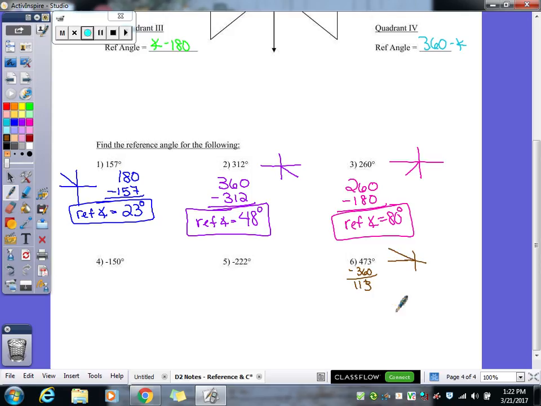Second one. So our rule of our second quadrant is 180 minus the 113. That's what I got. So 67 degrees would be our reference angle.